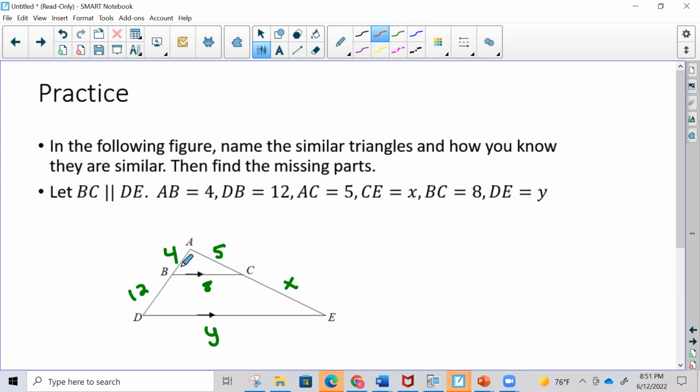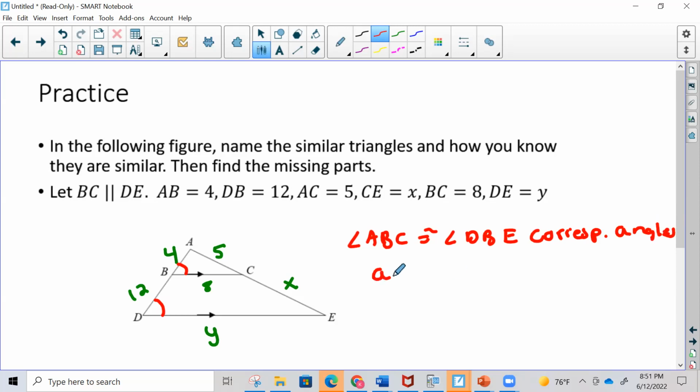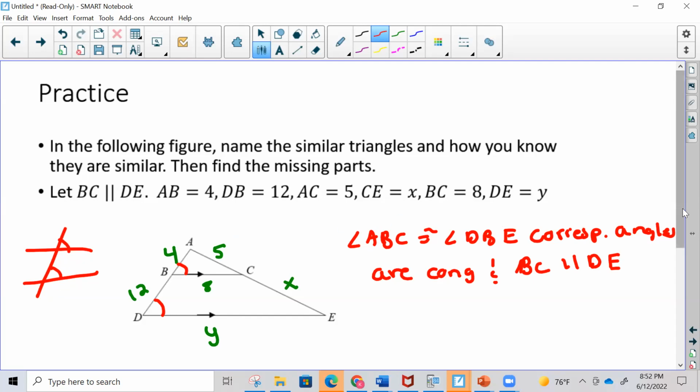If I know those lines are parallel, I know angle ABC and angle BDE are equal, or congruent, because they're corresponding. We have two parallel lines, BC and DE, and these two angles are both on the top right of the line, so those are corresponding.